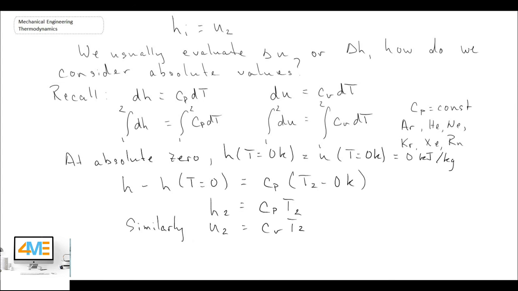So going back and looking at the equation that we have to work with from the first law and what we just determined based on specific heats, we can plug the values into that equation and try to come up with a solution.